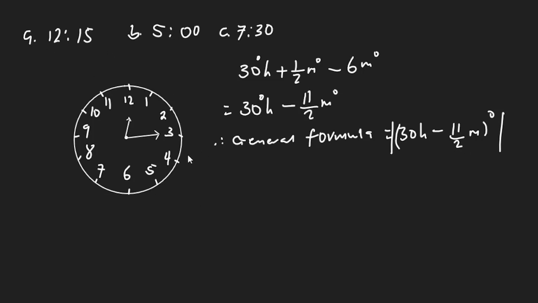So in terms of A, 12:15. So this is theta. So this gives us theta equal to the absolute value of 30 degrees per hour minus 11/2 per minute, all in degrees.